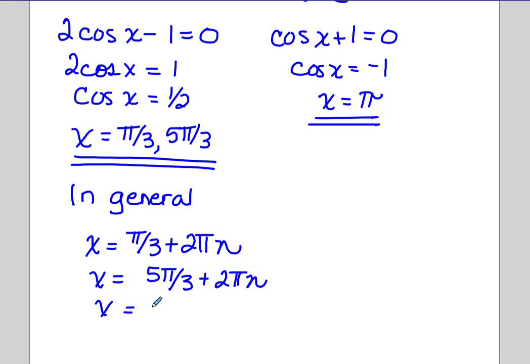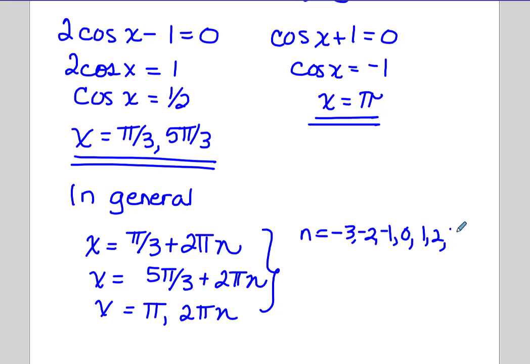And then the third one at pi plus every 2 pi radians, where n is an integer. So you see we have 1/3, 3/3, 5/3, and then if you keep going, where n is an integer, say -3 or -2 or -1 or 0, 1, 2, and so on.